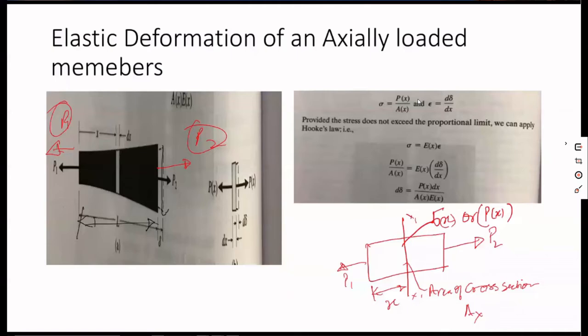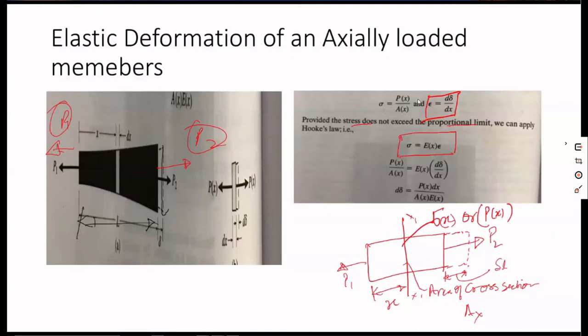Now we are applying the proportional limit, like we are applying Hooke's law, that sigma is equal to E into strain. E is the modulus of elasticity at that point. Now we have substituted every value under this. This is my strain, delta deflection. Whatever deflection occurs here, suppose it is deformed like this by some delta L distance.